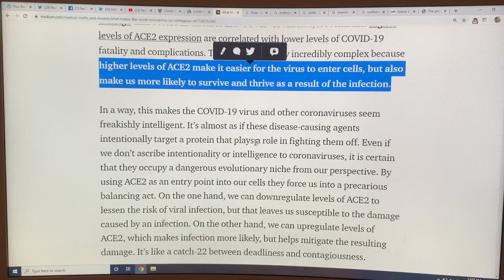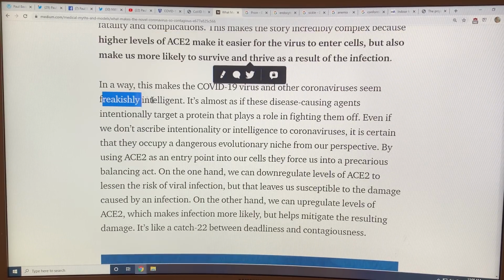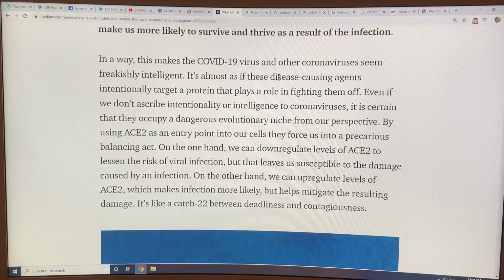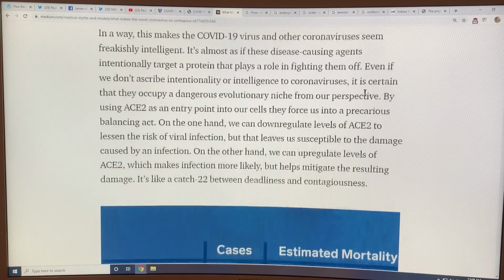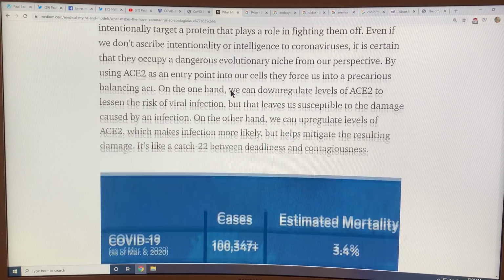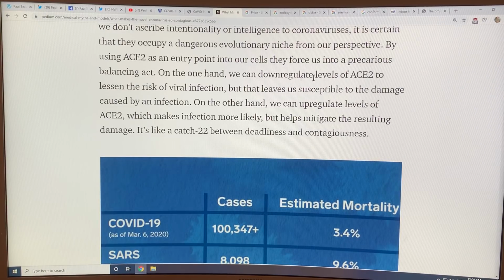They say the coronavirus is freakishly intelligent, or it seems like it, as if it's intentionally targeting a protein that plays a role in fighting it off. By using ACE2 as an entry, there's a balancing act. If we downregulate the levels of ACE2 to lessen the risk of transmission, it leaves us susceptible to the damage caused by an infection.